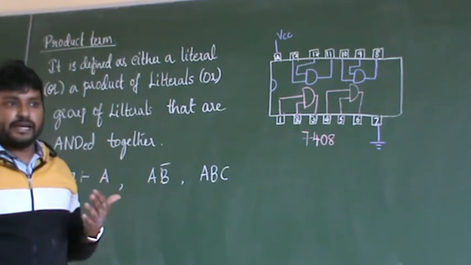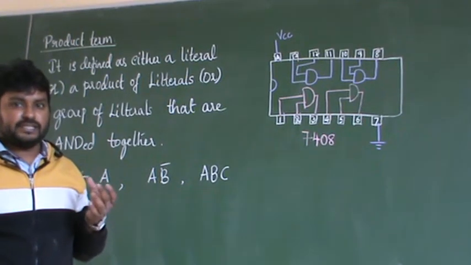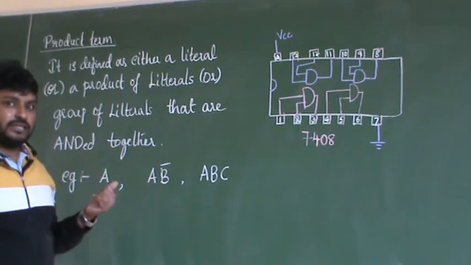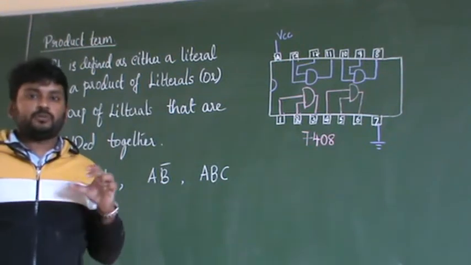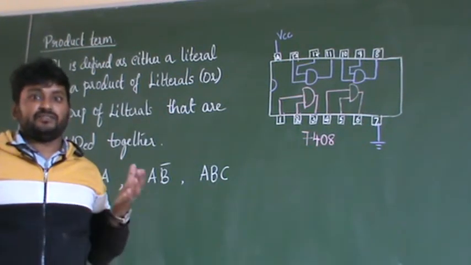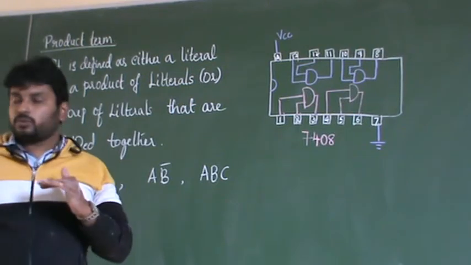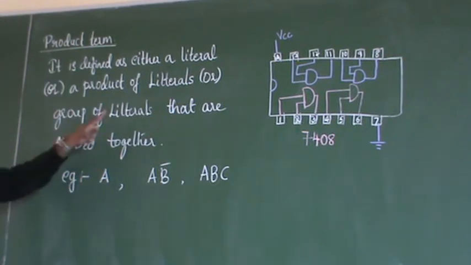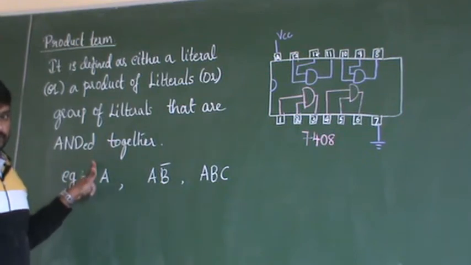As I have already explained in the basic gates, AND is nothing but multiplication. So how does the AND gate work? If any one of the inputs is low, my output tends to 0. If any one of the inputs provided to the AND gate is 0, my output is directly 0. So a group of literals that are ANDed together means multiplied.